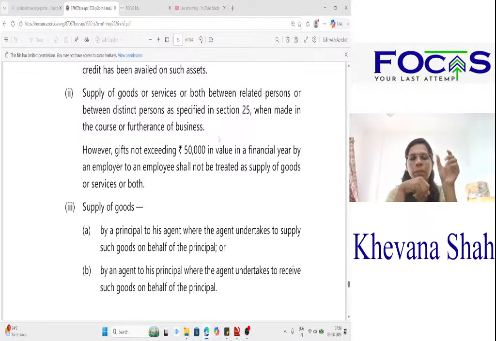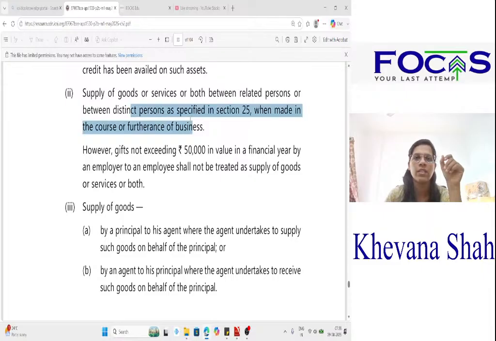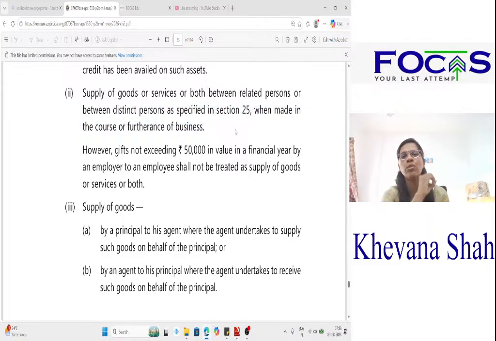Those people are considered as related persons in case of GST. Now what they are saying is that the supply of goods or services or both between related persons or between distinct persons as specified in Section 25 is supply when made in the course or furtherance of business.